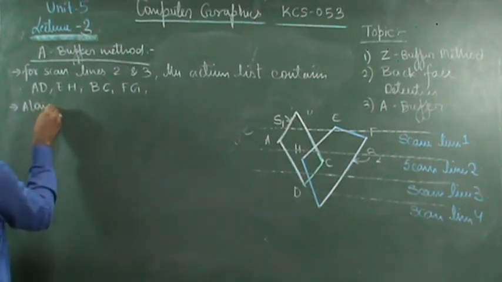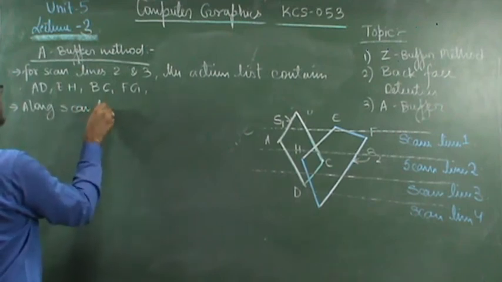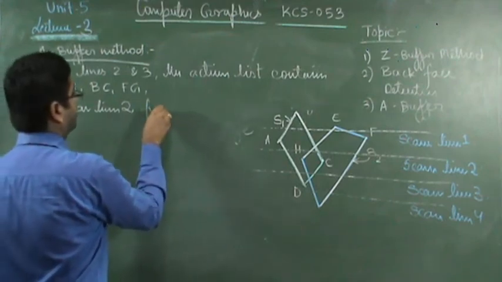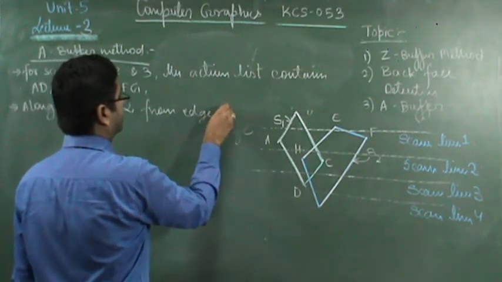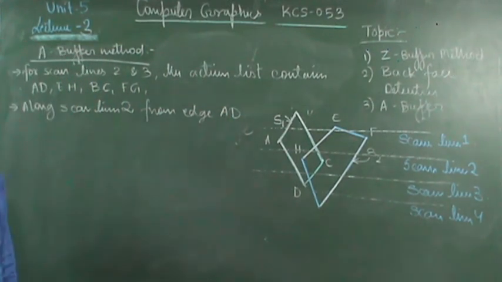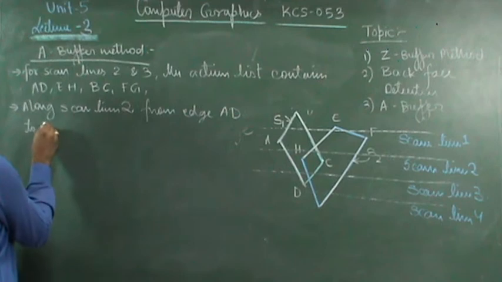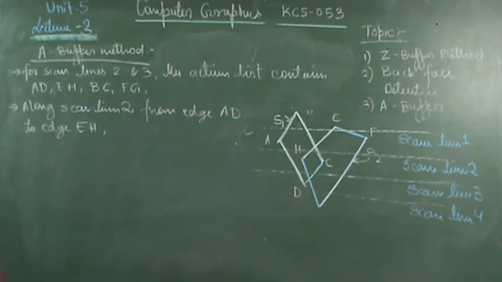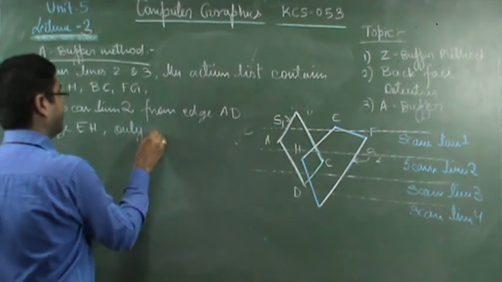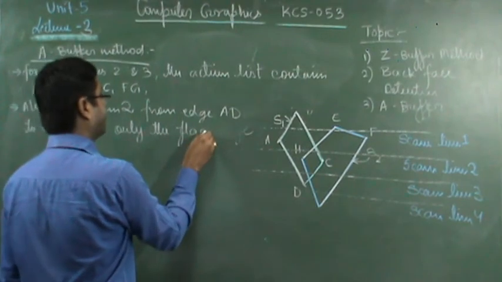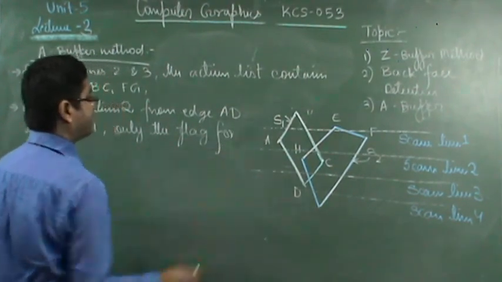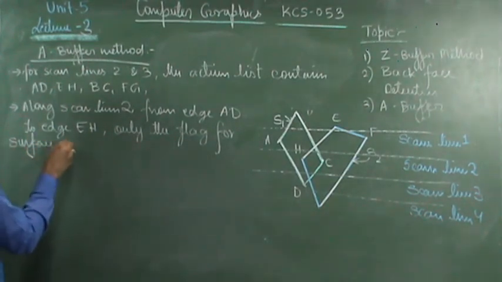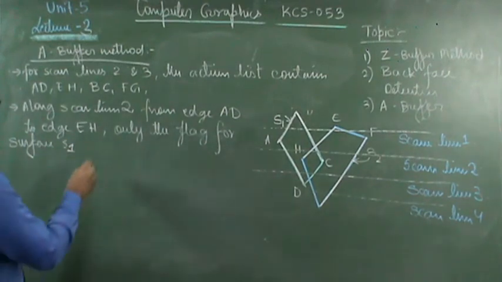So along scan line 2, from AD to EH, only the flag for surface S1 is on.